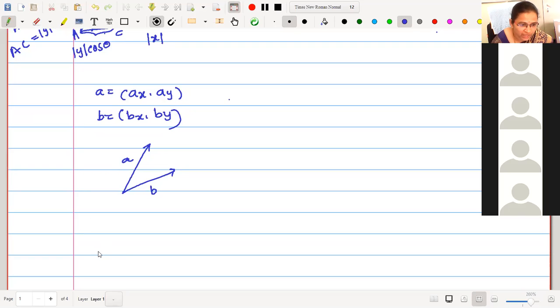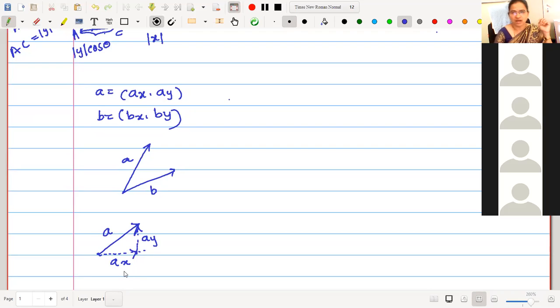Now for A, first we'll try to understand what the X component and the Y component are. If this is a vector A and I drop a perpendicular and a horizontal line, this will be a vector AX and this will be a vector AY.